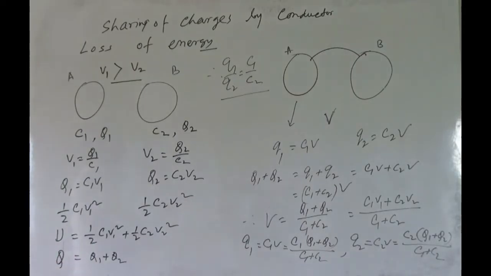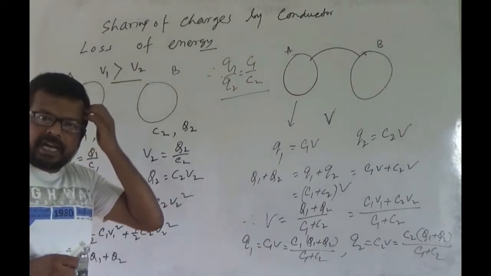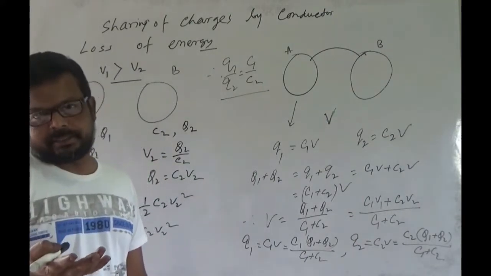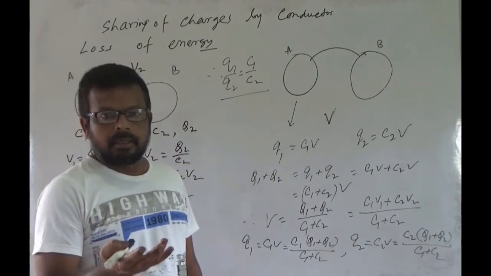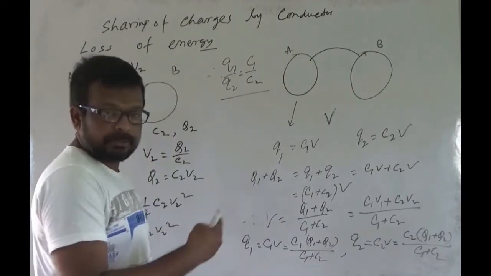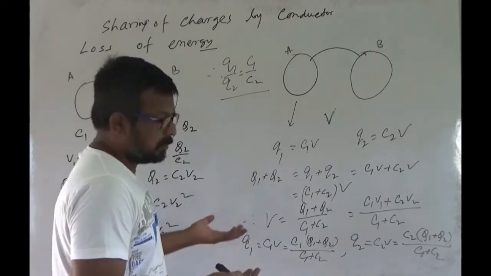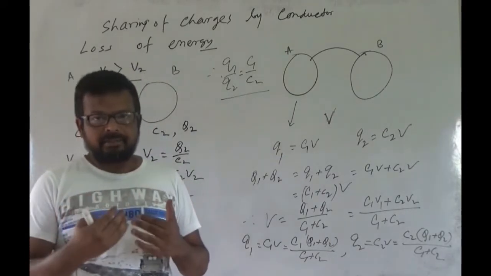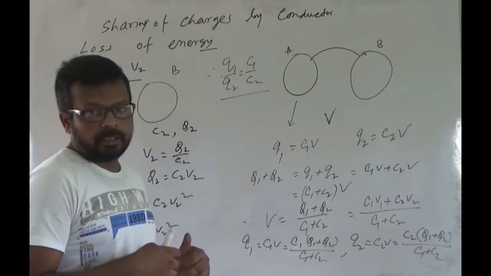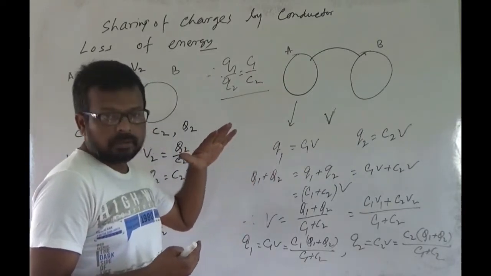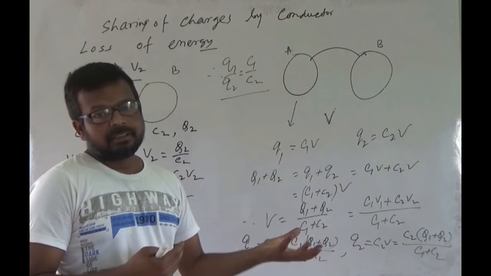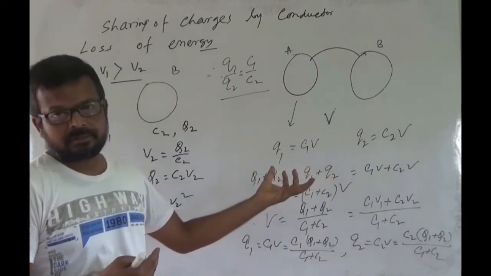That means sharing will be such that the conductor with greater capacitance stores greater charge, and the conductor with lower capacitance possesses less amount of charge.